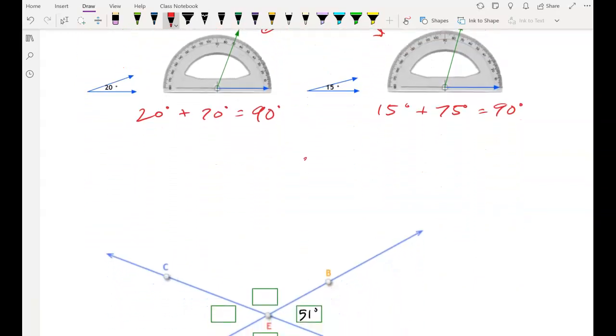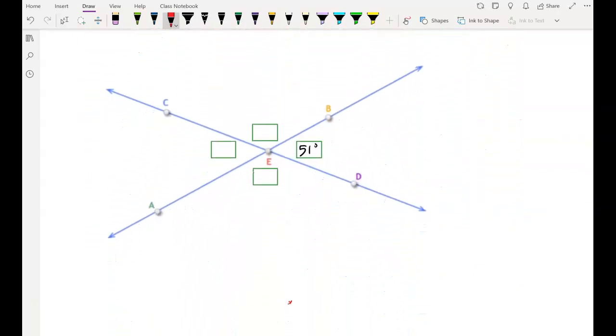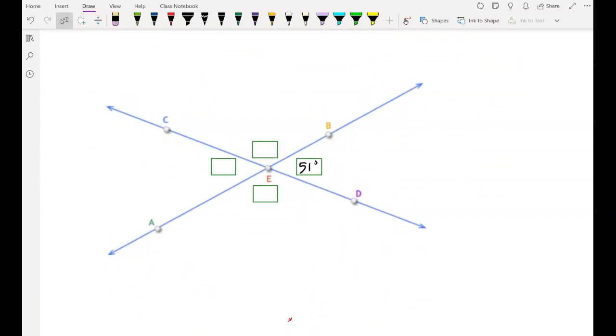Okay. Now let's take a look at this. What have we got here? We've got this really great pair of lines that are intersecting, and we can see that the measure of angle BED is 51 degrees. What is the measure of the other angles?